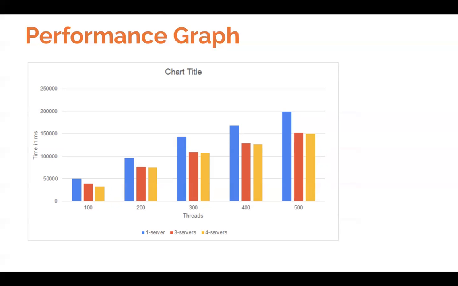The blue bar represents one server, the red one represents three instances, and the yellow one says it has four instances in the load balancer. For 100 concurrent users, the response time is quite high, which gets dropped as we add more servers. This is the basic logic behind it.